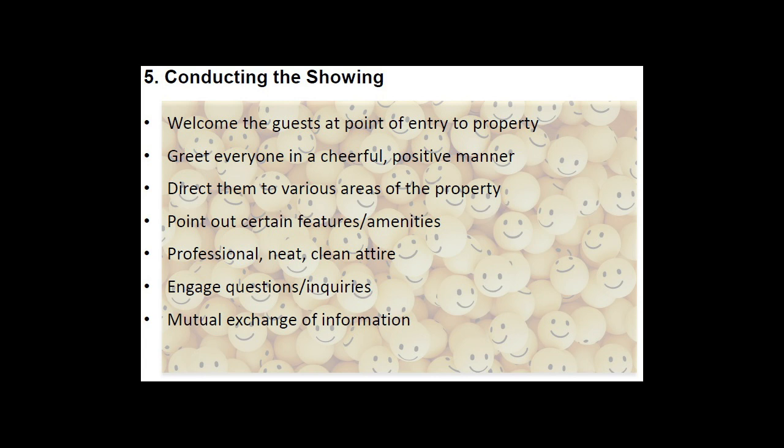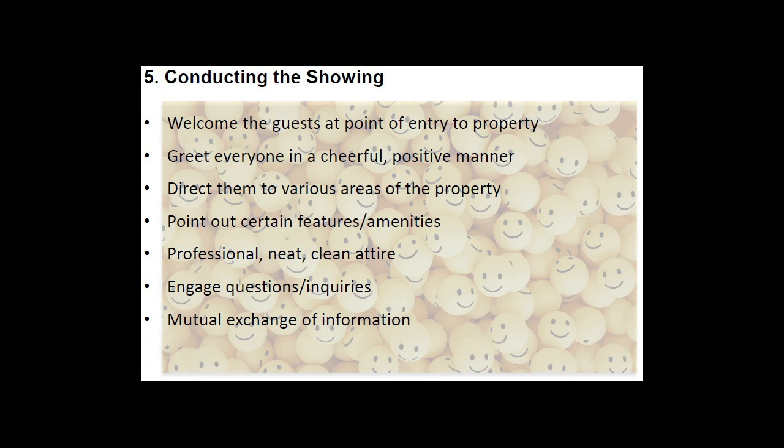And if it's a showing appointment, then you want to direct them to various areas of the property and point out certain features and amenities, such as how many bedrooms, how many bathrooms, if there's a living room and a dining room, a fireplace, sunroom, sun porch, if there's a garage, covered or uncovered parking, how many parking spaces are included, if appliances are included, if there's a basement or a shared basement with appliance hookup, what type of gas stove hookup is available if appliances are not included, and any other features and amenities to point out.